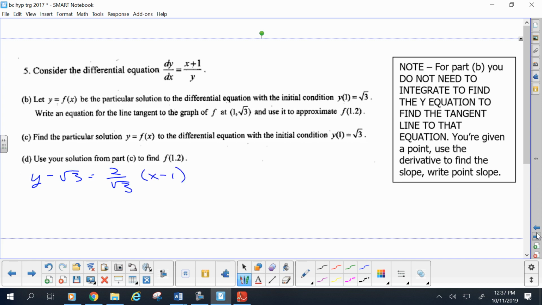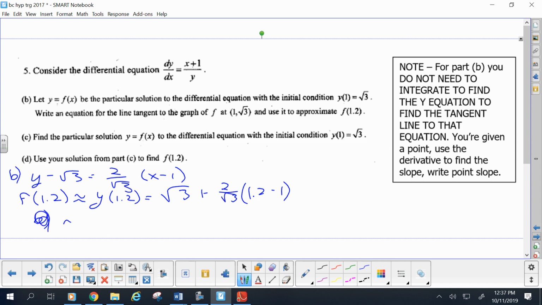Okay, did you get that for your approximation, f of 1.2 is approximately y of 1.2, which is root 3 plus 2 over root 3 times 1.2 minus 1? Yes. I didn't do anything more, I just said there you go. Okay, B. That was B actually. There must have been a slope field problem. I left off A.